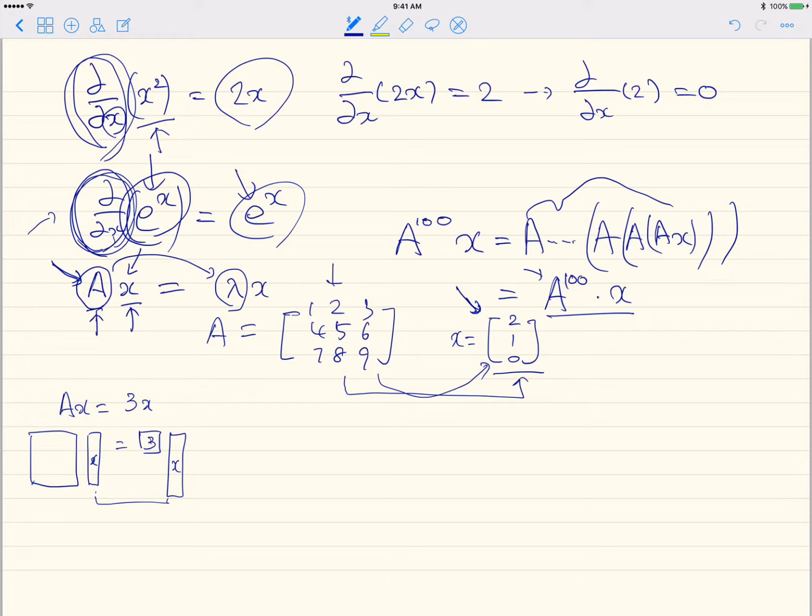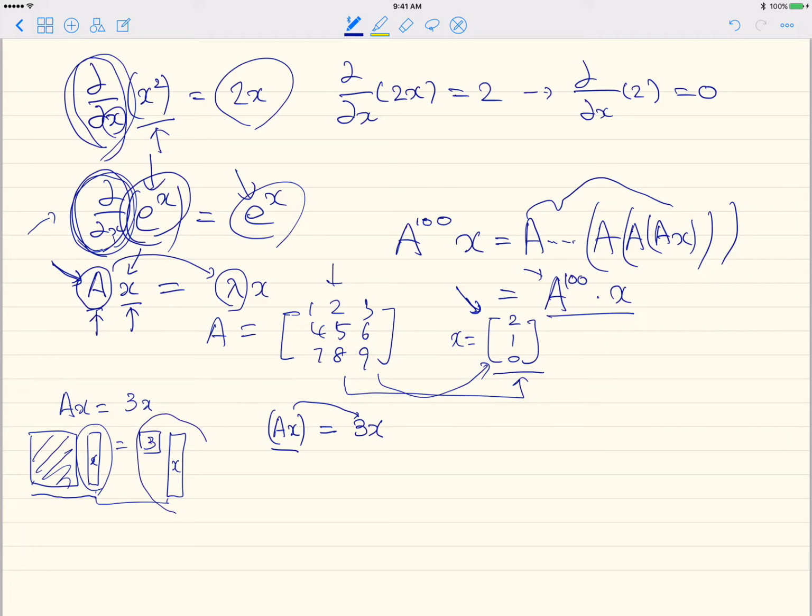Okay, so in this case, let's keep multiplying A with the x. So in the case of Ax, it will become 3x. So from this relationship, you'd have to multiply this entire matrix with the vector, which involves a lot of computation.